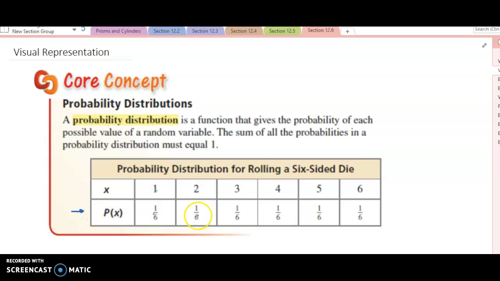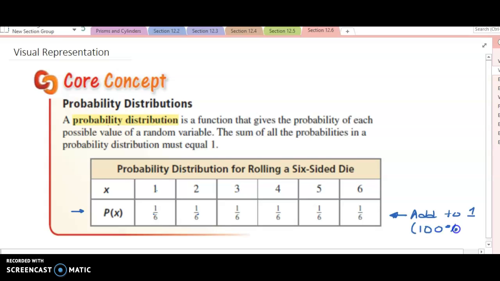The probability that we roll a 2 is 1 out of 6. These won't always be the same as you'll see going forward, but in this case it is. And of course, these would be all of our possible outcomes, so this would all add to 1 or 100%, right? So you should always add those, and they should always equal 1.